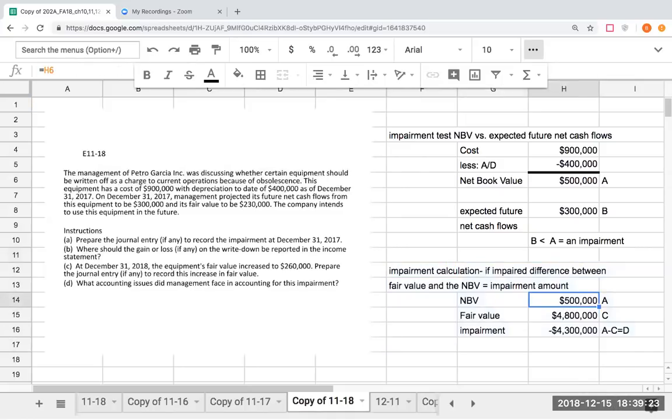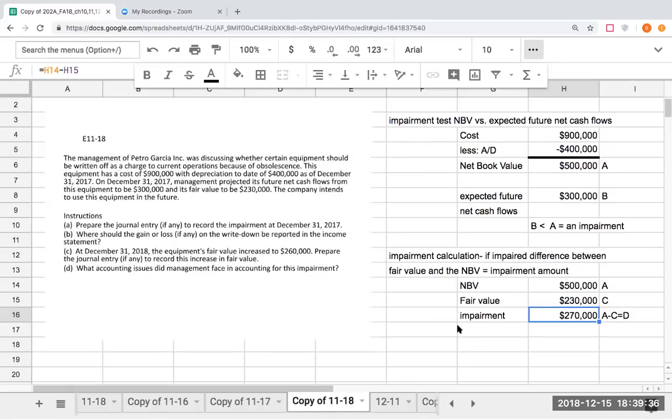My net book value is 500,000 and my fair value is 230,000, so my impairment is going to be 270,000. The asset is impaired once I've identified an impairment. Now I'm comparing this net book value to the fair value.